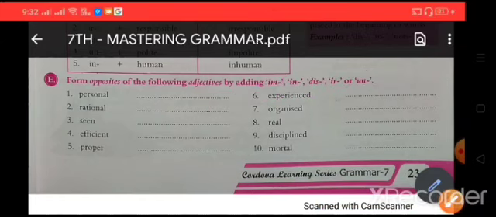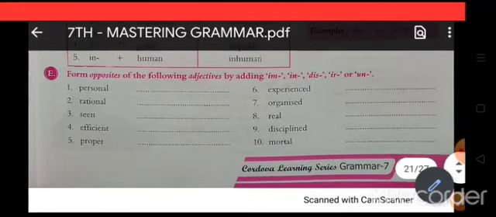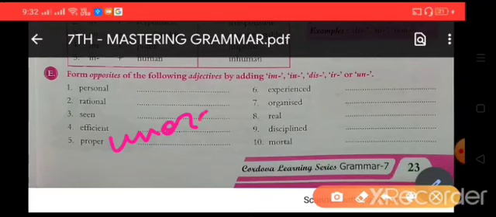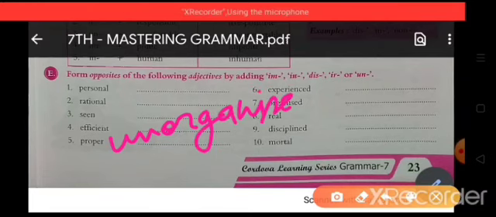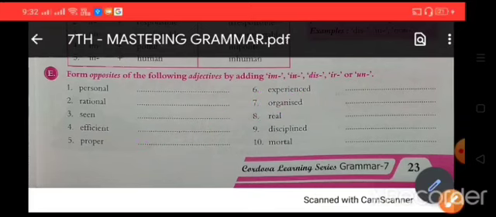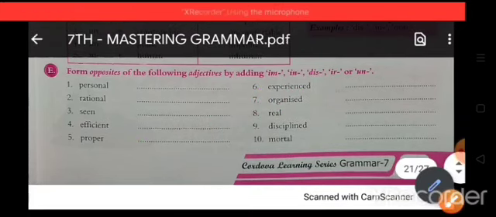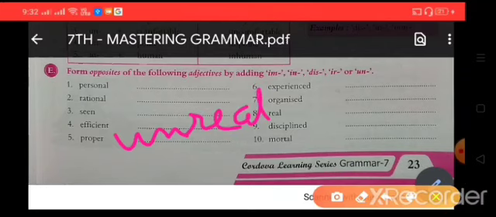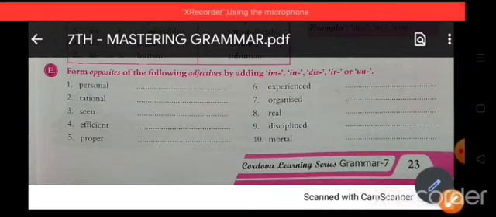Organize, unorganized. Real, unreal. Discipline, indiscipline.